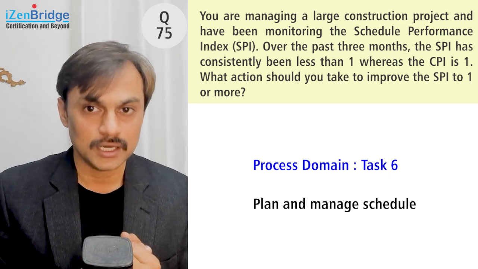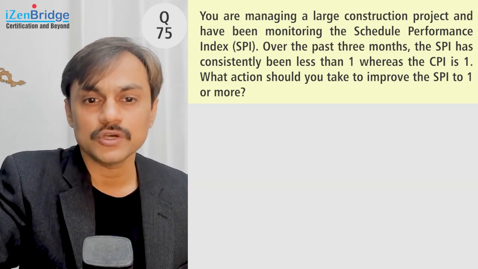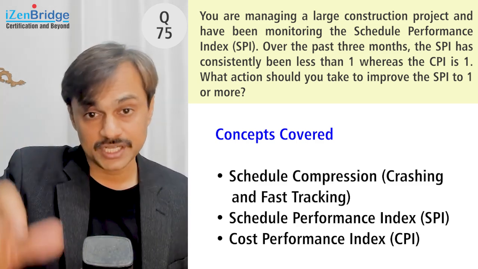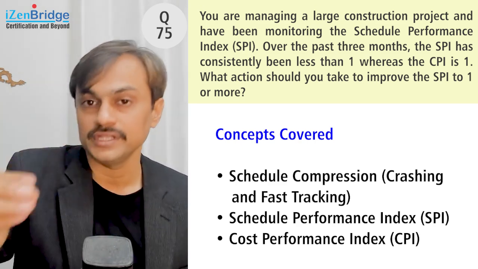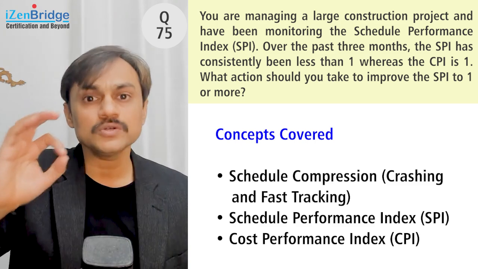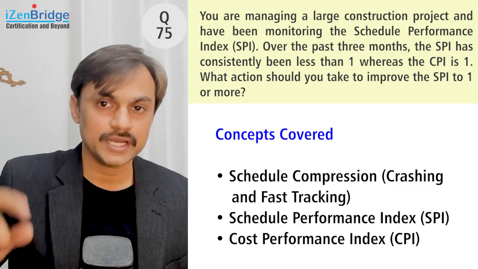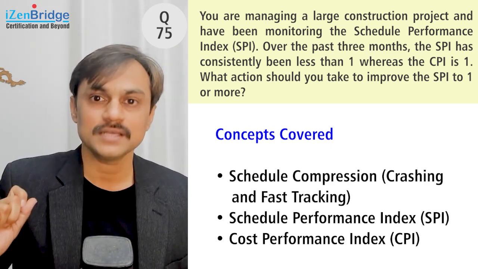The topic was schedule compression, with a good understanding of crashing and fast tracking, and you should be able to apply it in context rather than just knowing the definition. It is also testing the ability of a project manager to interpret schedule performance index and cost performance index.